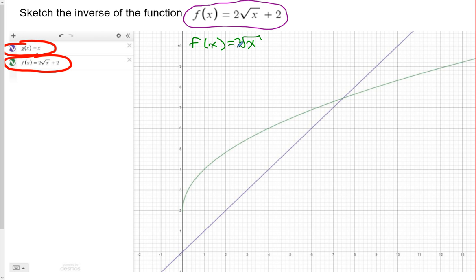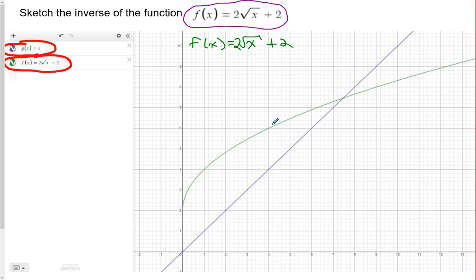By putting a 2 in front, I multiplied all my y values by 2. That stretches it out in a vertical direction. So vertical stretch by a factor of 2. And then I added 2 to it. That moves everything up by 2 in the y direction. Okay? And that's why it actually starts right down here at 2 and not at 0, where it would normally start.